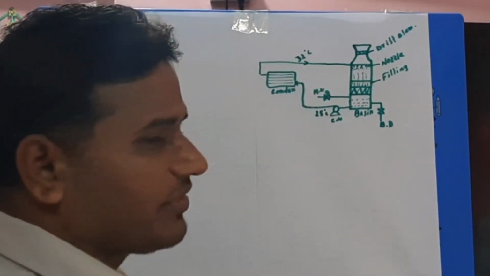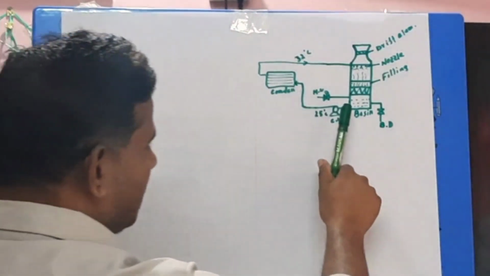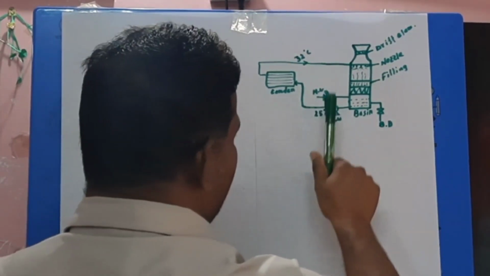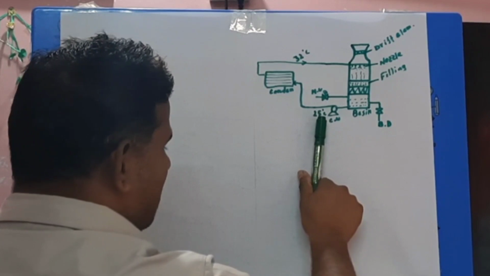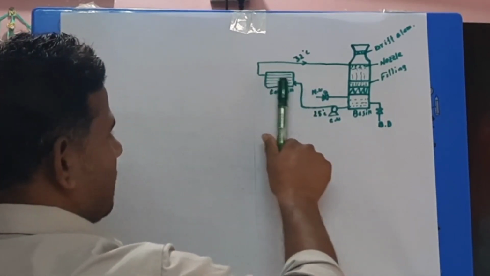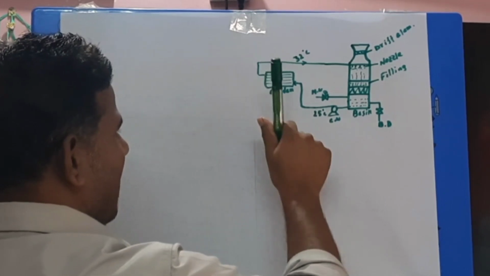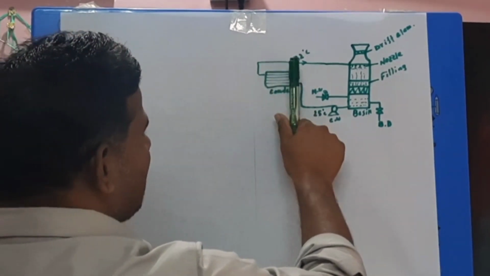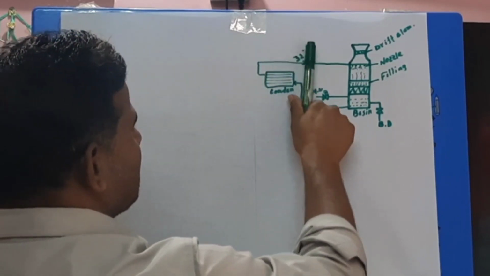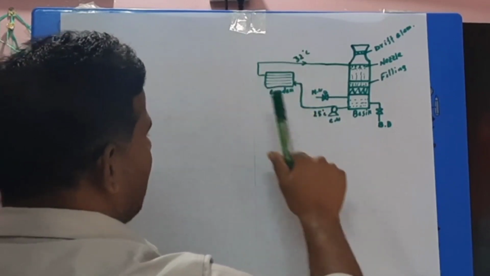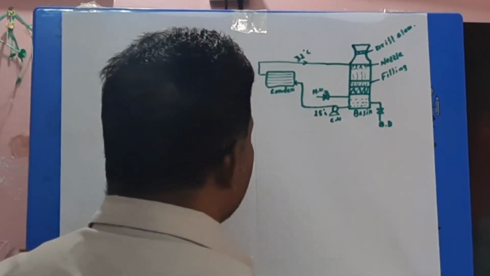We are providing 3000 flow. So 3000 flow, 25 degrees centigrade temperature, 5 kg pressure, this flow passes to the condenser, and after passing the condenser, the flow will be around the same and the temperature will be increased up to 32 degrees centigrade, 25 to 32, around 7 degrees centigrade temperature increase.